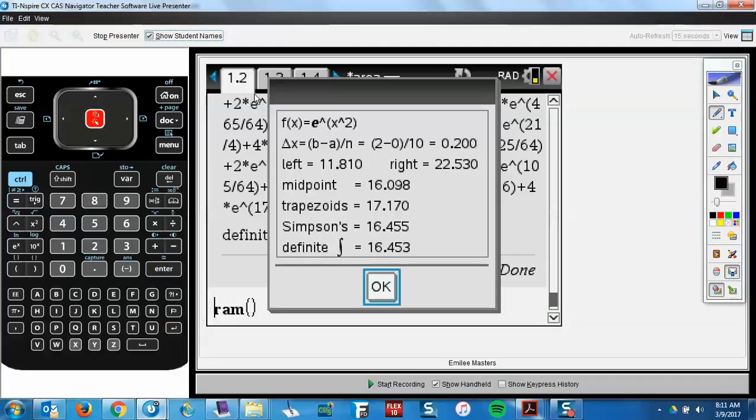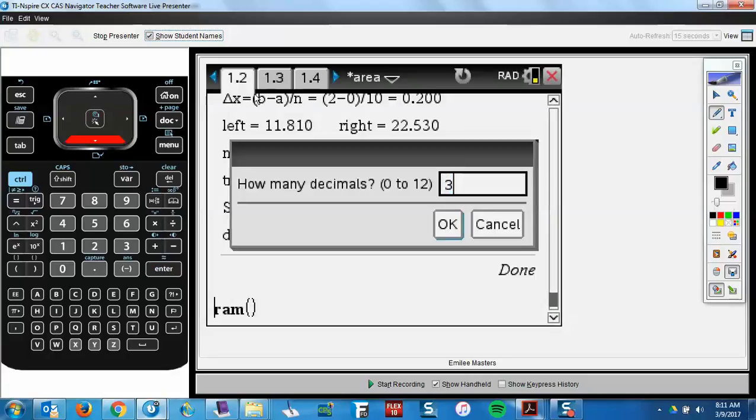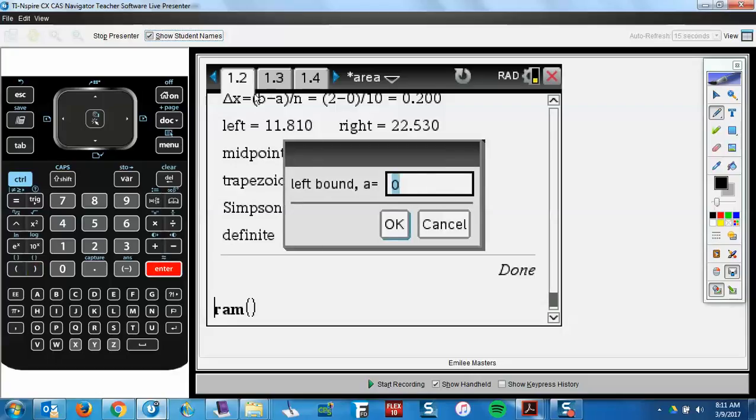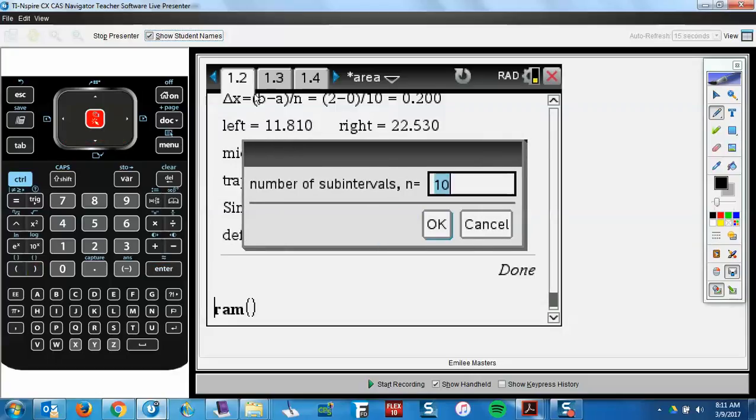And this time do 20. Do everything the same. I got something a little different, like 0.2002 off. Yeah, well, it's more like the exact answer, I think, right?